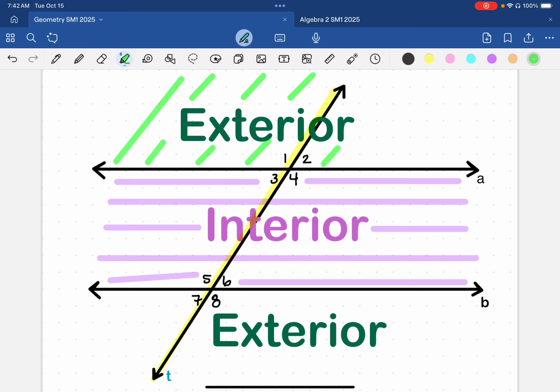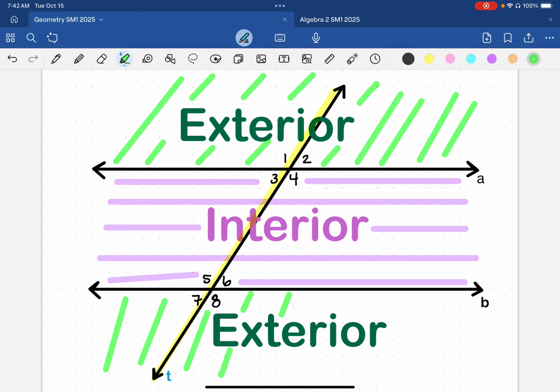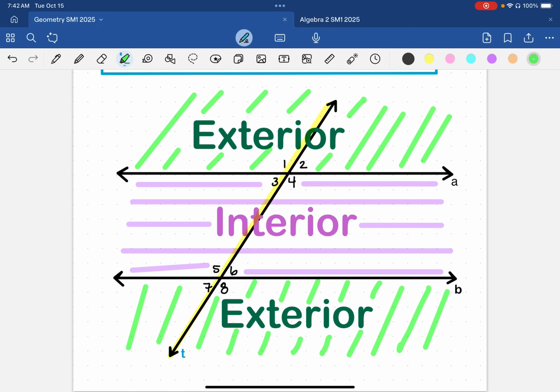We have to be outside of the parallel lines. So that would be above line A and below line B. There we go. And of course, as always, pause the video to make sure that you have your picture done.